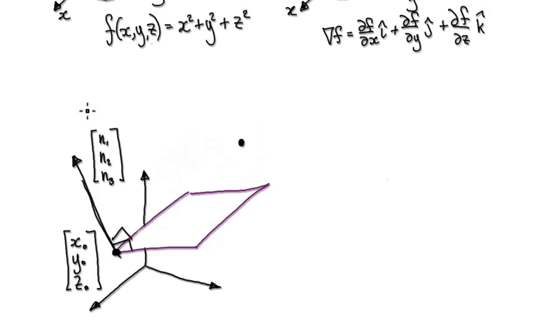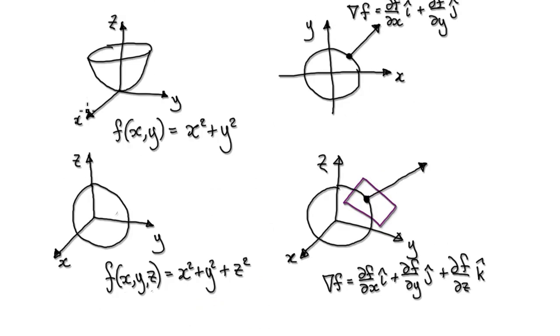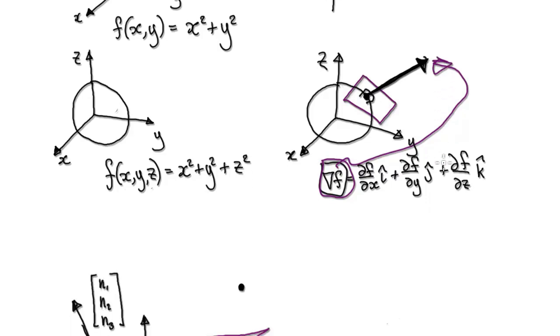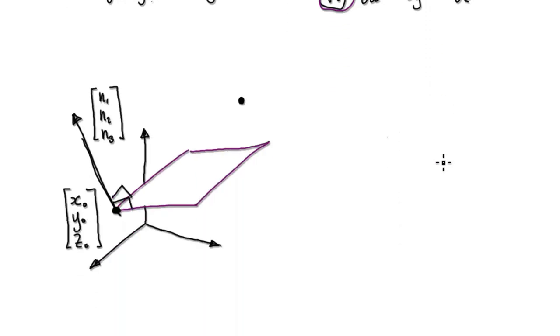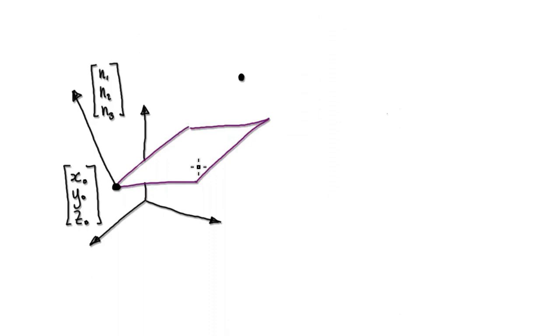So this grad f here is always perpendicular to the plane. So later on we can work out grad f, which will be a normal vector. Once you've got your normal vector, you can describe the plane.